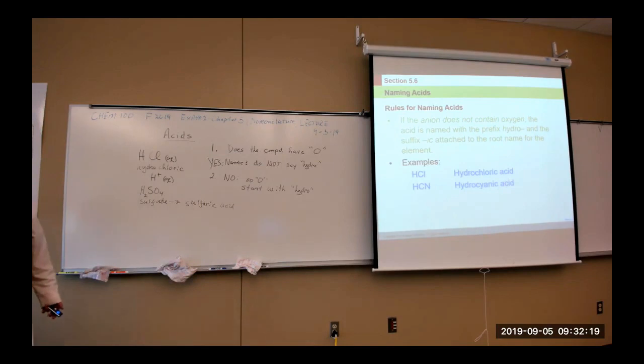Cyanide ion, HCN for hydrocyanic. CN is the cyanide ion, ide becomes ic. Hydrosulfuric acid, this is different from sulfuric acid, which has oxygen, but that one has no oxygen in it. So it's hydro.